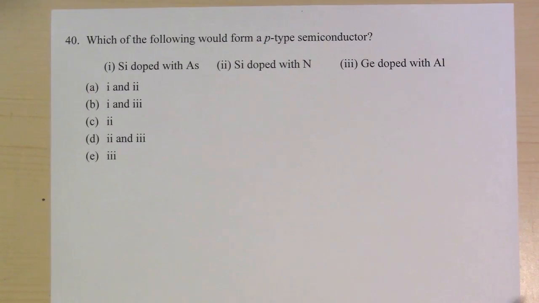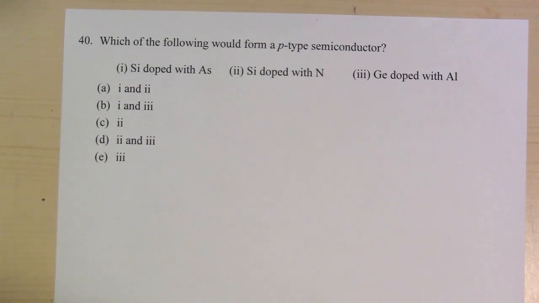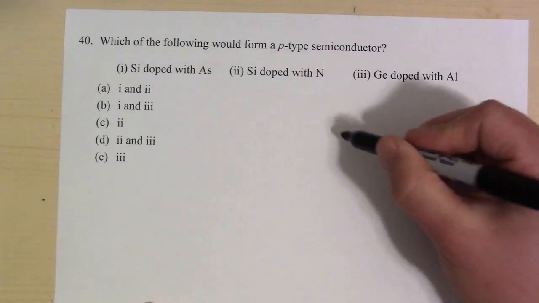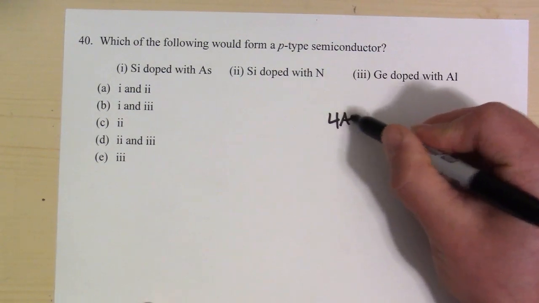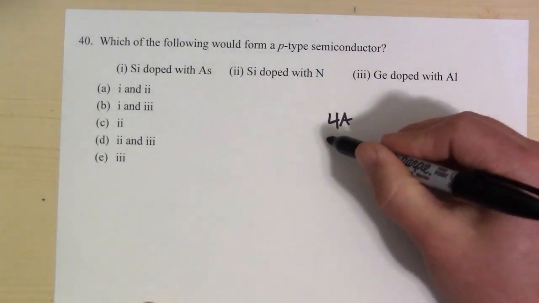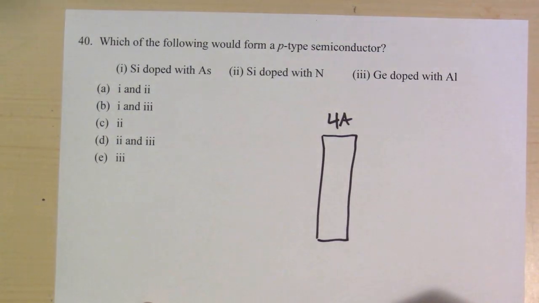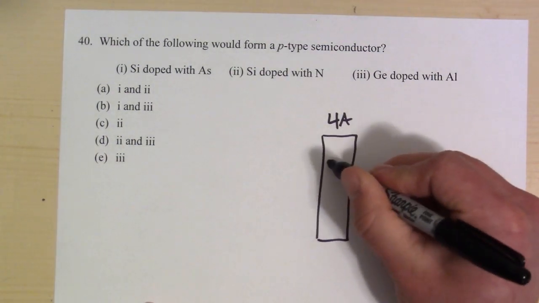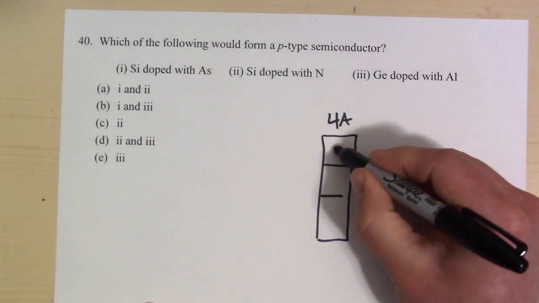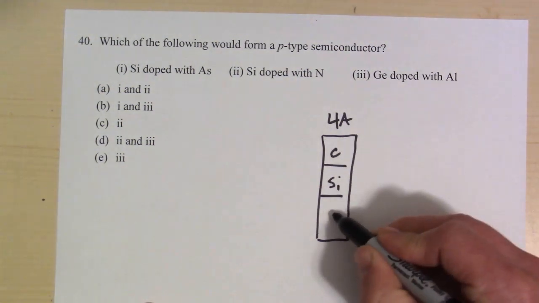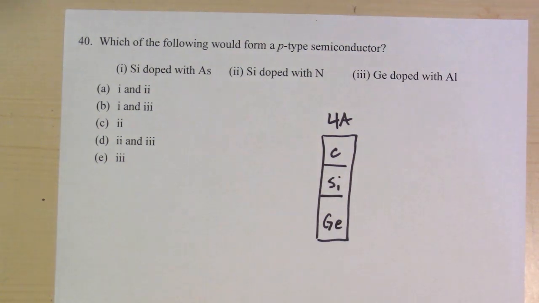All right, the final problem, number 40: which of the following would form a p-type semiconductor? So there are going to be 2 types of semiconductors, p-type and n-type. Typically you'll have an atom in the 4A group. That'll be one of the components of the semiconductor, and that will be things like carbon, silicon, germanium.